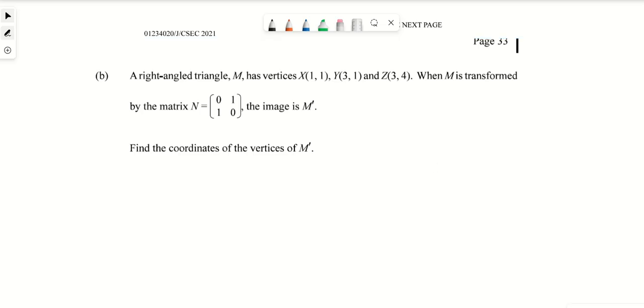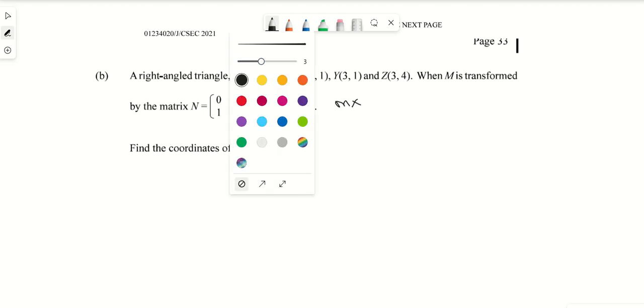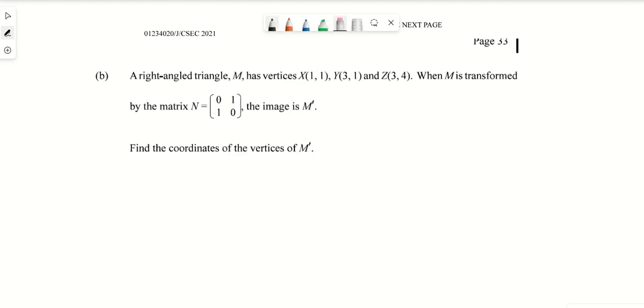Now, to find your image, and this is a thing that you should remember, to get your image is M multiplied by a transformation, or in this case, N is your transformation, would give you image M'. And you need to do it for each coordinate here, because you need your image for X, you need your image for Y, and you need your image for Z.